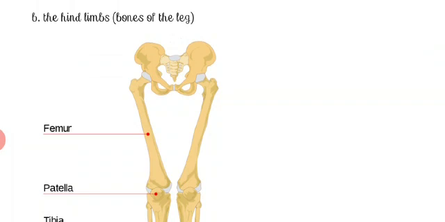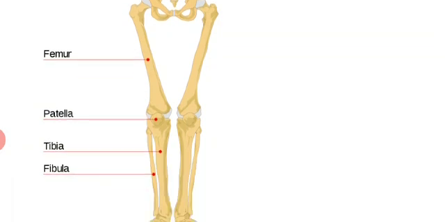That is your knee cap. After the knee cap, you have the tibia, the bigger one, and the fibula, the one that is outside. It means the bone that is outside, though a bit superimposed by the flesh, is the tibia.